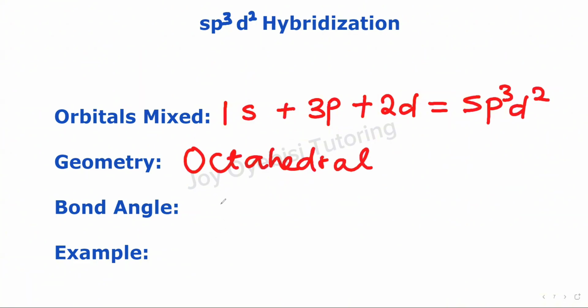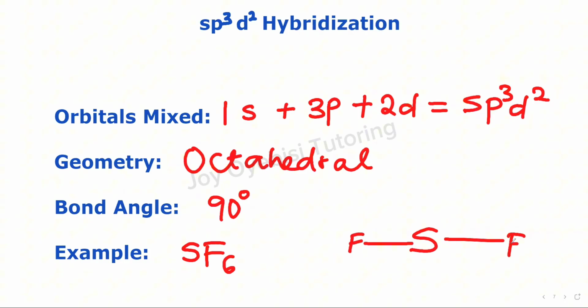And the bond angle for octahedral is 90 degrees. An example of a compound with sp3d2 is SF6. So you have the sulfur as the central atom with 6 fluorines attached to it.